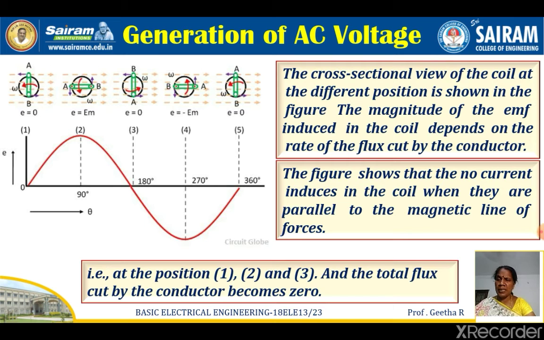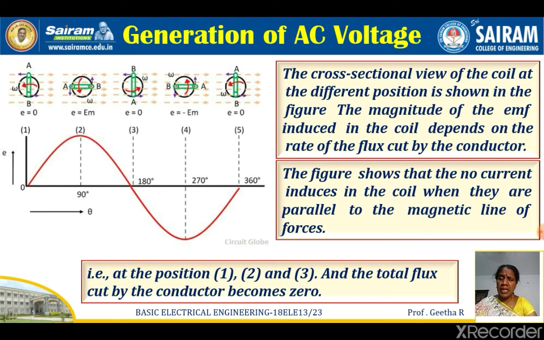As it rotates, it cuts the flux, and the change in the flux will be maximum at the position shown there, where the coil is horizontal. There the velocity component is perpendicular to the magnetic field, so the EMF will be induced, and at position 2 the EMF is shown as maximum.